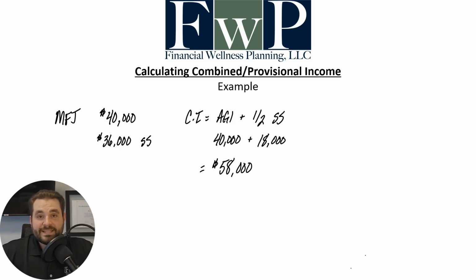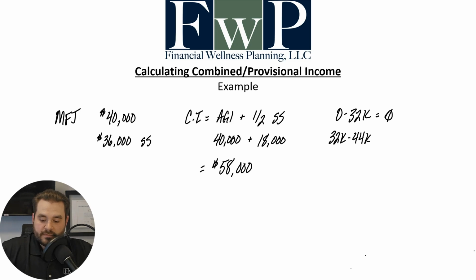Next, we're going to take that combined income and compare it to the thresholds of a married couple. So any of their combined income from $0 to $32,000, none of that counts towards their taxable Social Security benefit. Anything between $32,000 and $44,000, half of that amount is going to count towards their taxable Social Security.